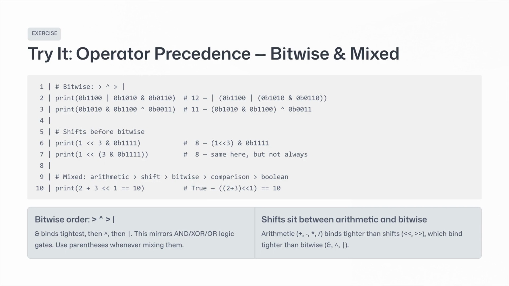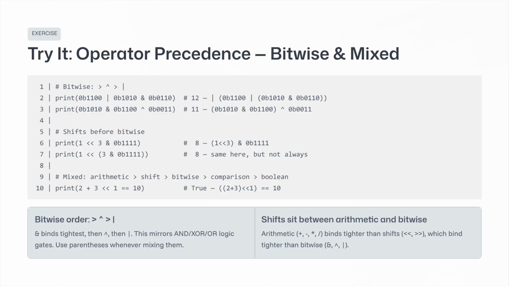Bitwise precedence, and binds tighter than XOR, which binds tighter than OR. Line 2, 0b100 pipe 0b010 ampersand 0b0110. And first, 0b010 and 0b0110 is 0b010. Then OR with 0b100 gives 0b110, which is 14.